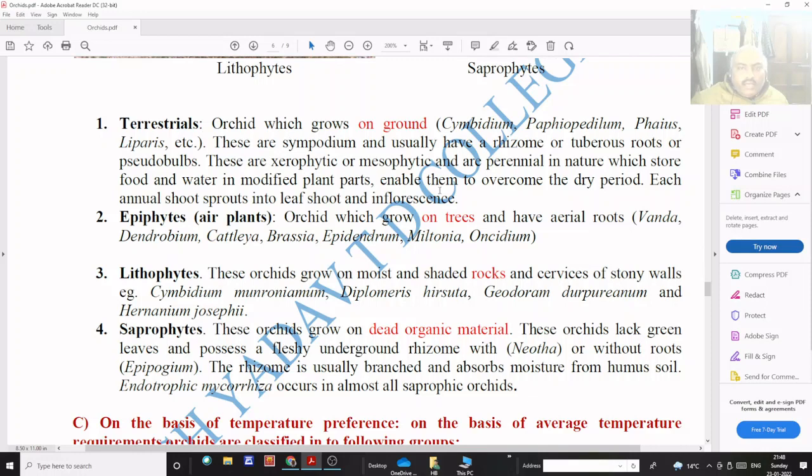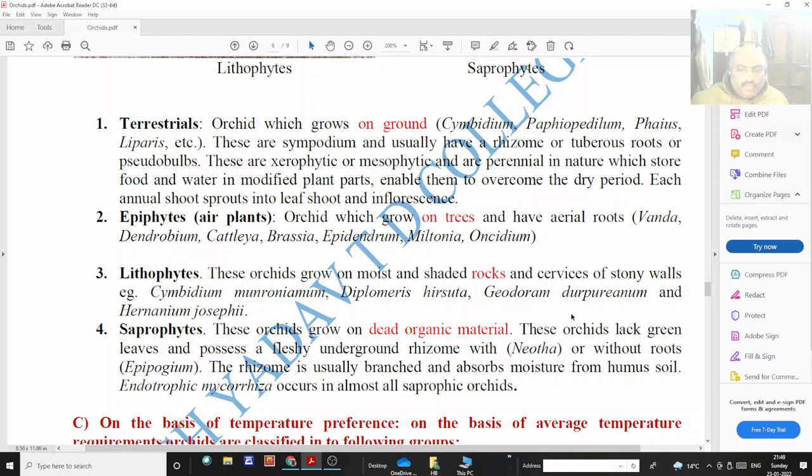In terrestrial, the important genera are Cymbidium, Paphiopedilum, Pius, Liparis, etc. And in epiphytes, that is air plants, the important genera are Dendrobium, Cattleya, Brassia, Epidendrum, Miltonia, Oncidium, etc. Under lithophytes, the important genera are Cymbidium, Diplomeris, Hirsuta, Geodorum, Luperanium, and many other genera as well.